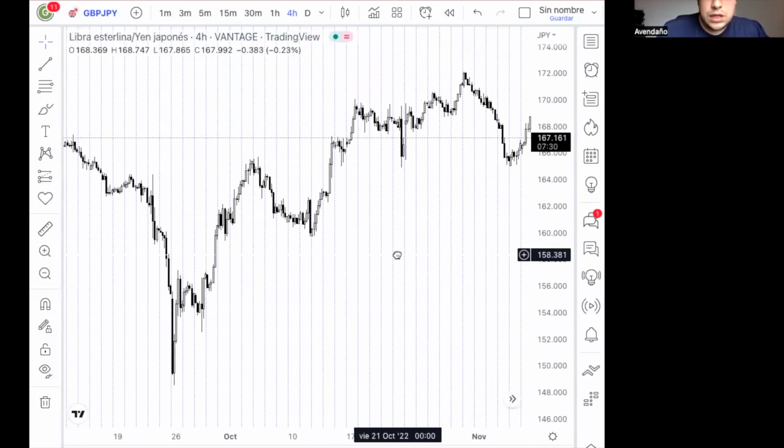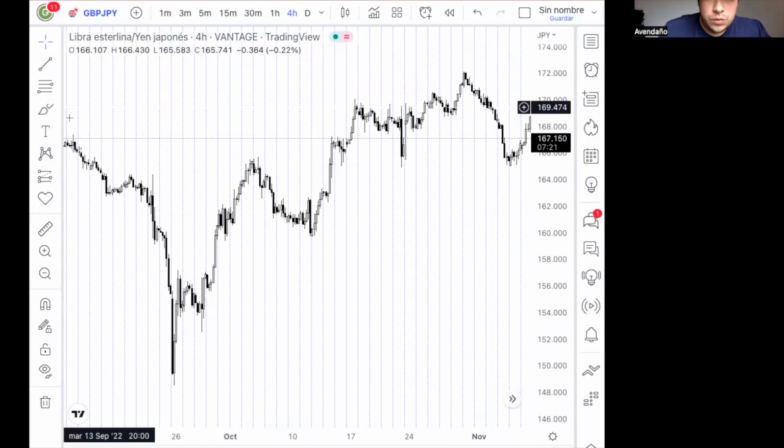Perfect. So let's then have an example. Let's briefly review our rules. The first thing is that we need to determine our order flow, right?